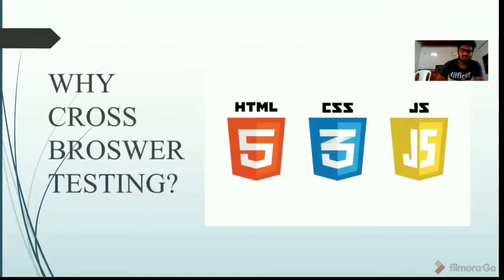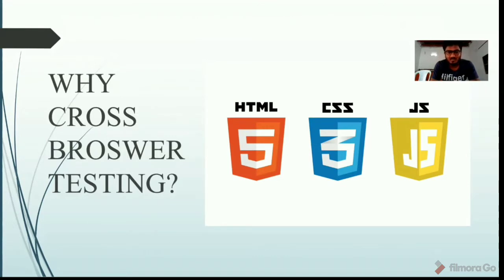Why cross-browser testing? Basically, a simple website is comprised of three major technologies: HTML, CSS, and JavaScript. There are hundreds of other technologies in the backend, like Python, Ruby, and Node, which can be used for backend work.